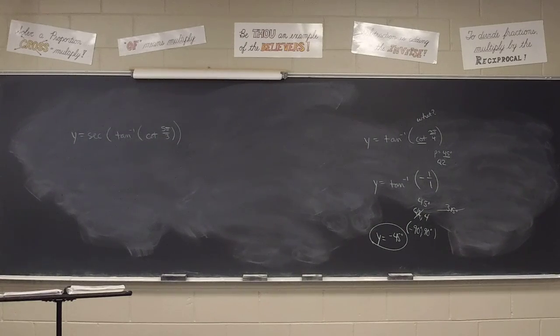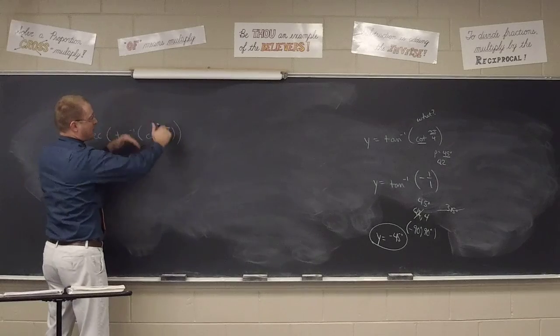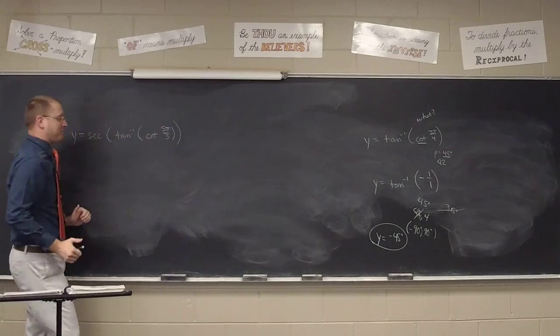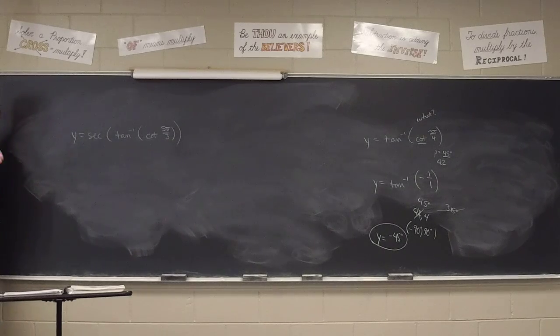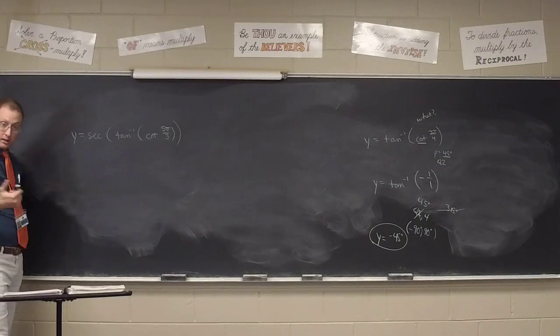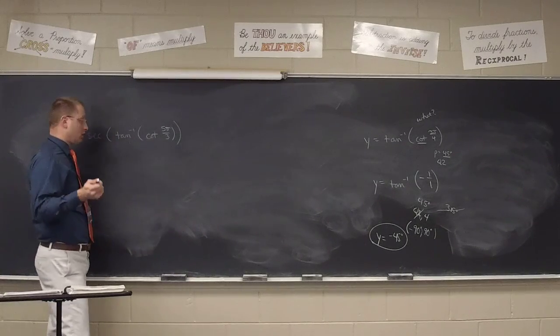Because we're starting with what part of this? Oh, the cotangent. Right, the innermost thing is the cotangent. We've got this outside parentheses, here's inside parentheses, here's an even more inside set of parentheses. So we're going to start here, like we always do, inside out. And we're going to start with the question of what, as she said. For instance, Jamie, we'll start by saying, what angle, or what quadrant?